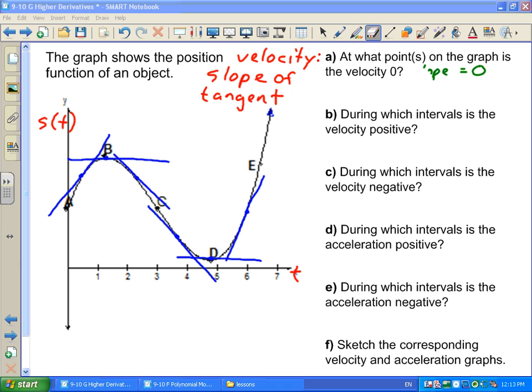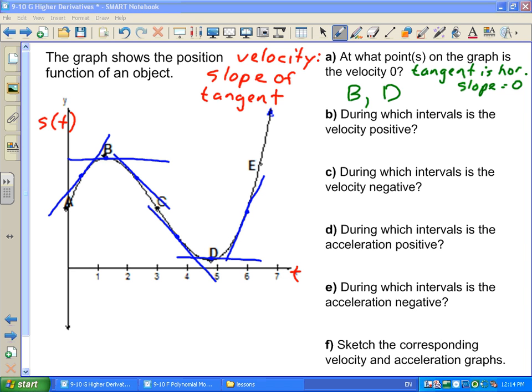Let's just try all this again here. So the tangent is horizontal, i.e. slope equals 0. So we're looking at points B and D.